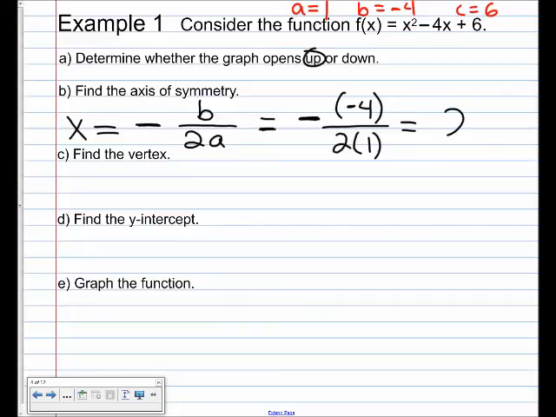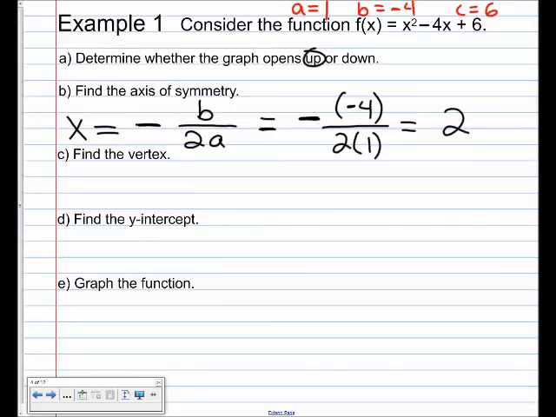You get 2. Now, I have a couple of ways to go about doing this, and it just depends on the way that your brain works. Some students will do -4 divided by 2. What's -4 divided by 2? And the opposite of -2 is 2. Some students will say, what's the opposite of -4? +4 divided by 2 is 2. Some students, and this was me, I count the number of negative signs.